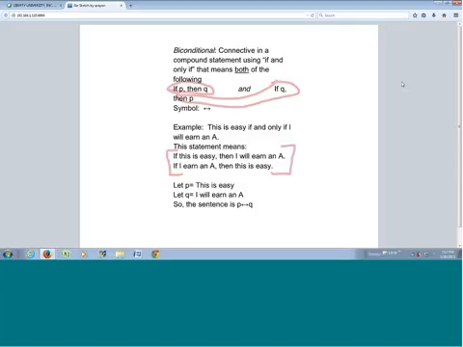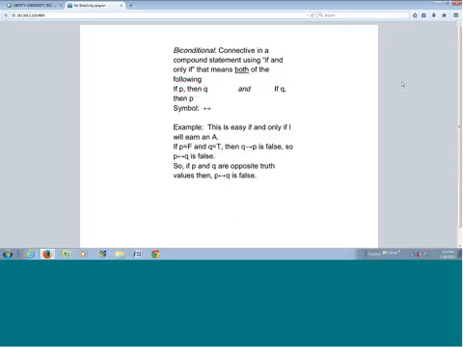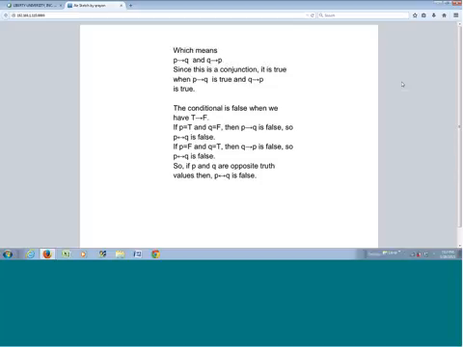So let's say we have P represent this is easy, and Q represent I will earn an A. So the sentence is P, the double arrow symbol, Q, which means P arrow Q and Q arrow P. When you write it like this with the double arrow, it means the arrow's going both directions.